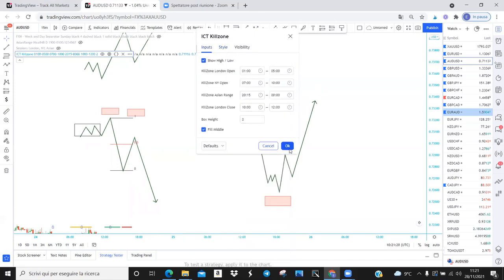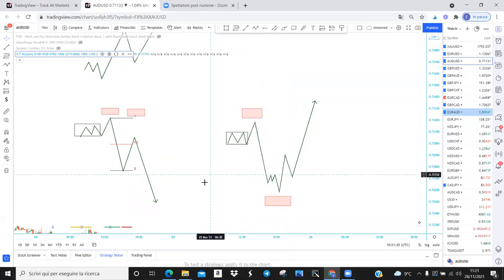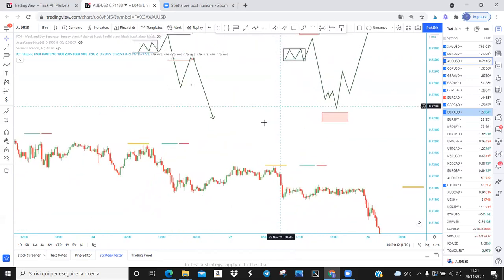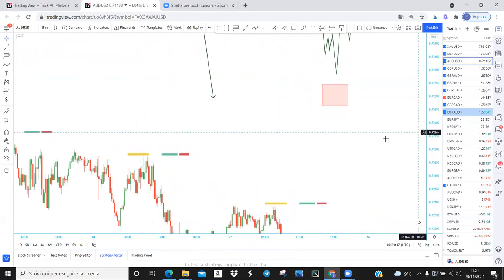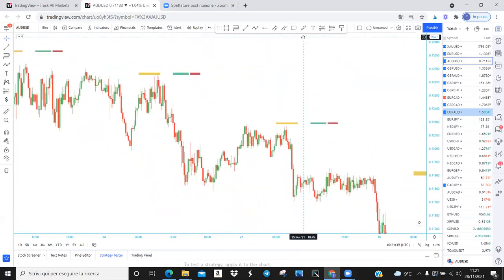There we go. Okay. So what we care about is not the whole London session, not the whole New York session, but especially these hours, because during these hours, we usually see what we are interested in, which is the manipulation and a possible take off direction.